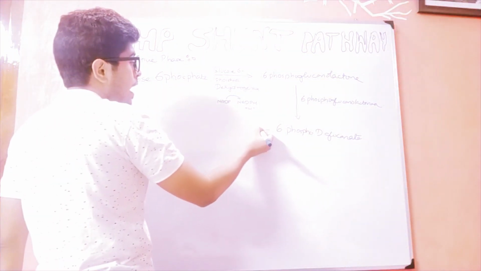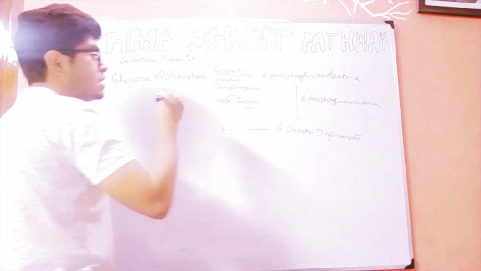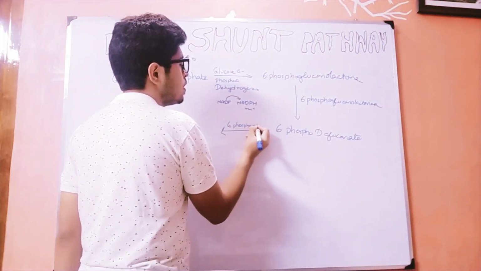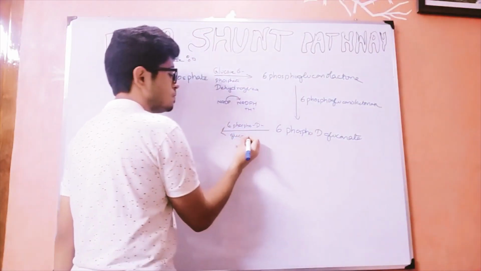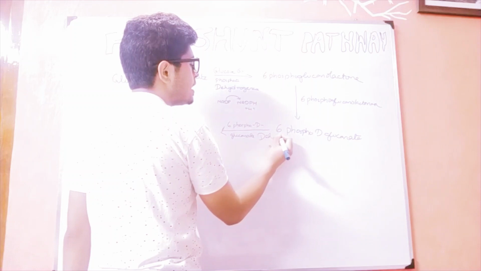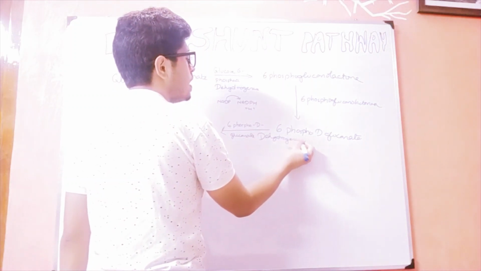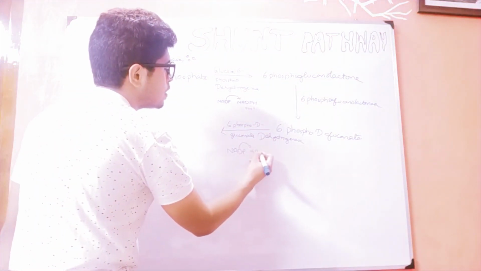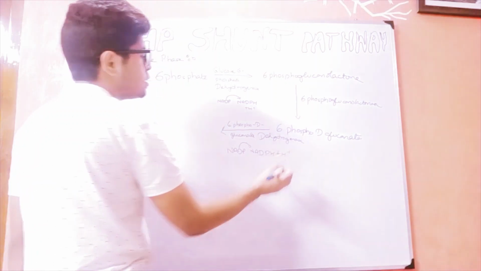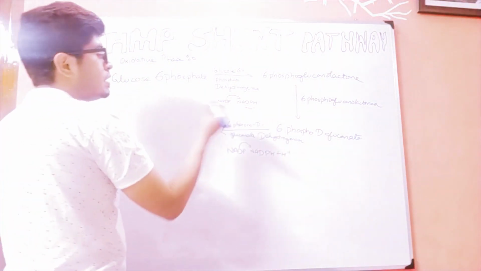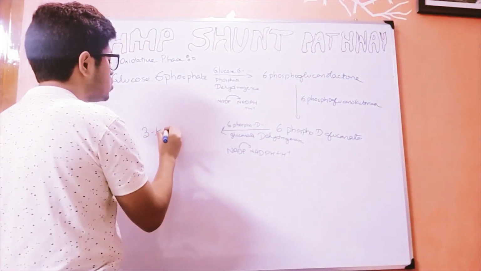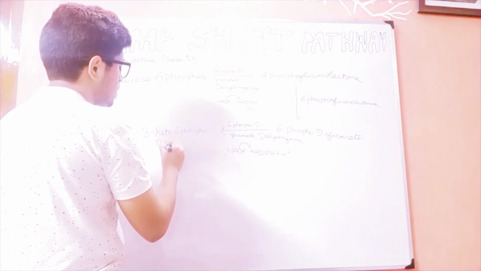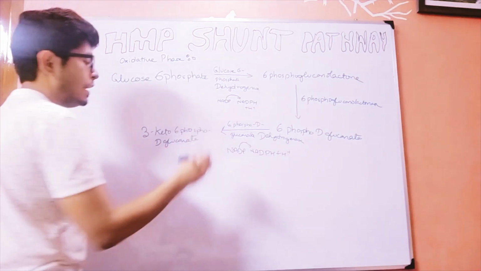6-phospho-D-gluconate then undergoes another dehydrogenation reaction where it is acted upon by 6-phospho-D-gluconate dehydrogenase. Here again we get another molecule of NADP getting converted to NADPH plus H plus, and we get the product which is 3-keto 6-phospho D-gluconate.